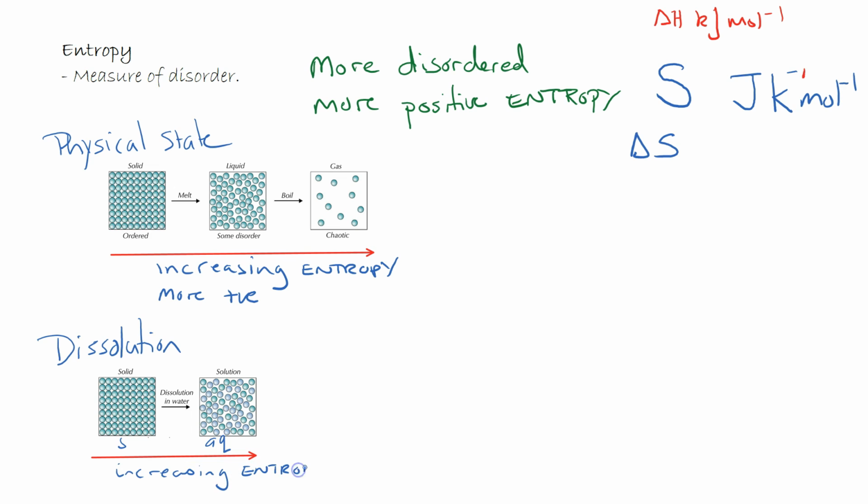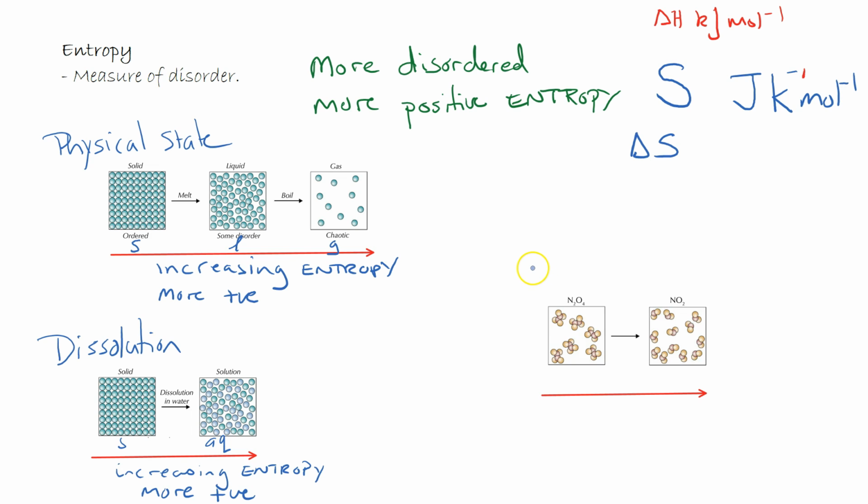There's a greater possible number of arrangements of particles in the aqueous than there is in the solid, because in the solid state, they're all in one fixed position. So once again, we have a more positive entropy value. Just going to complete here the solid, the liquid state and the gas on my drawing.